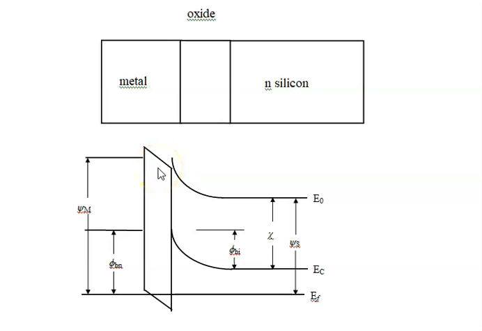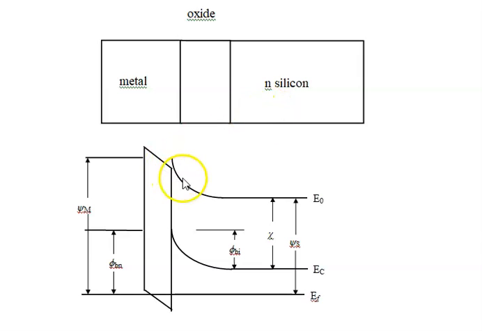If there are no charges, the rho is 0, the electric field is constant, and the voltage or the energy is linear.